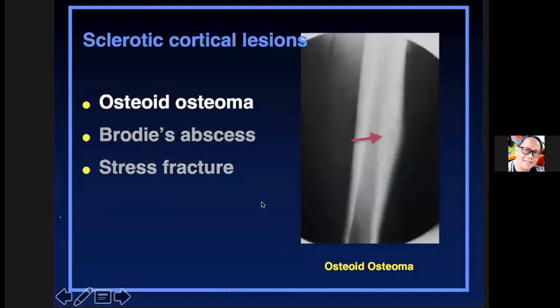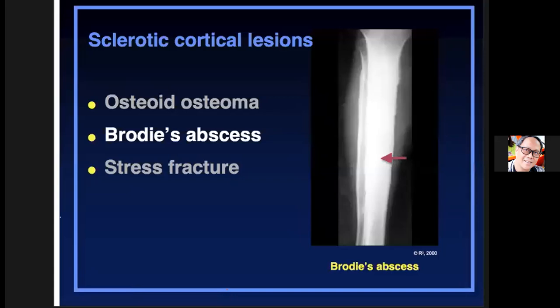No? This is Brodie's abscess. You have a nidus. You have a lytic lesion in the cortex, the mid shaft. This looks like this is probably the humerus. Okay. You have sclerotic changes in the medulla, and this is the fibula.